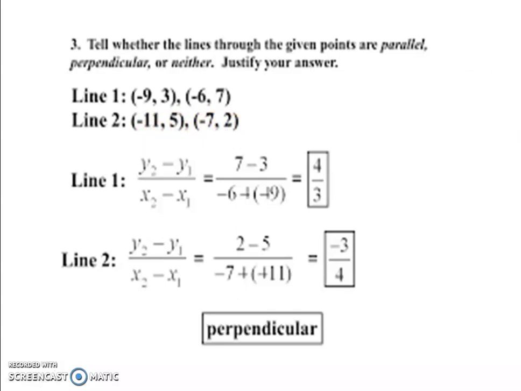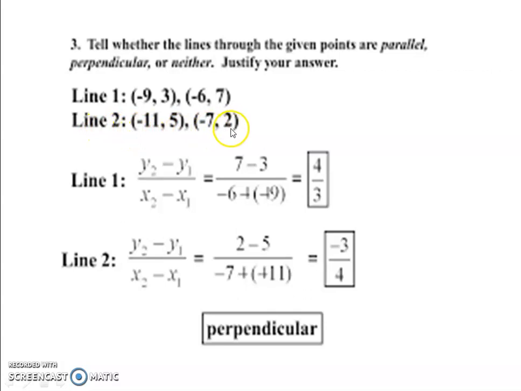We use the slope formula m is equal to y2 minus y1 upon x2 minus x1. For line 1, that is 7 minus 3 upon minus 6 minus of minus 9. So 7 minus 3 is 4 and minus 6 plus 9 is 3. So 4 upon 3.